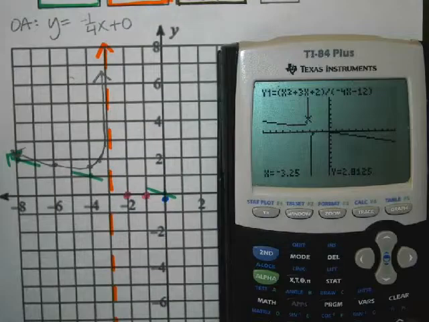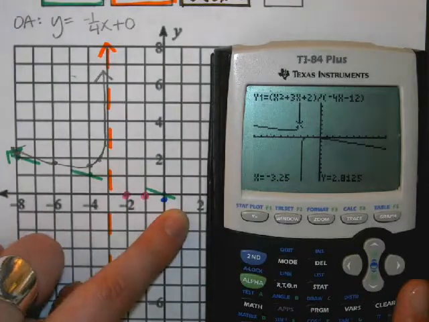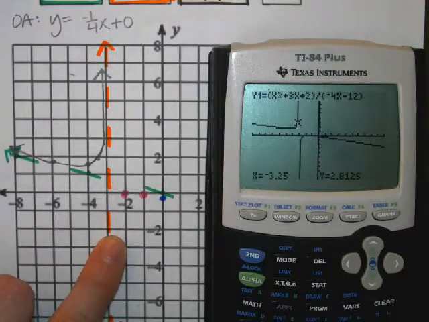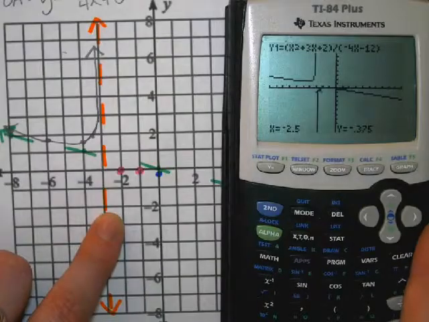All right, and then over here we have a lot of points already. I don't know that we really need a lot more, but I'll go ahead and do like -2.5.